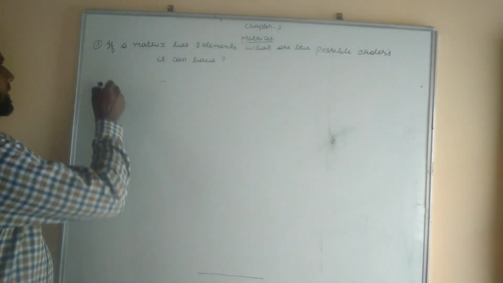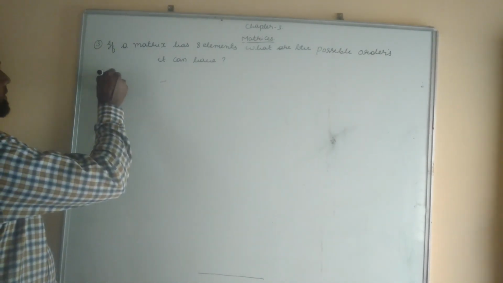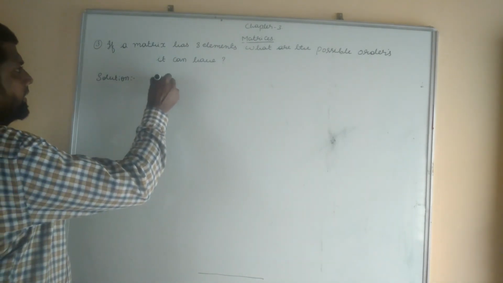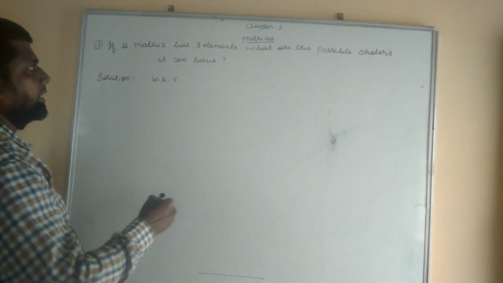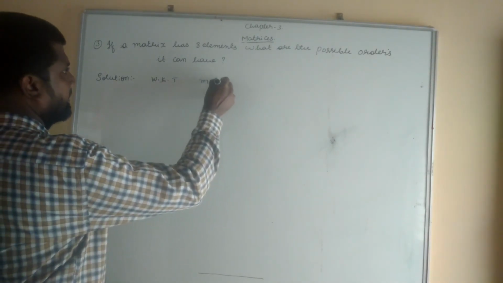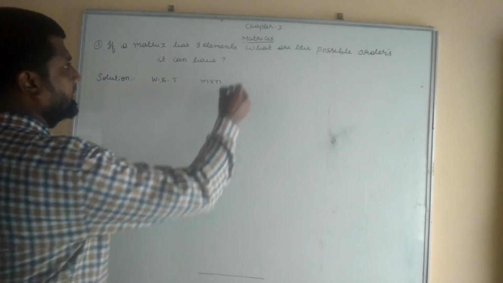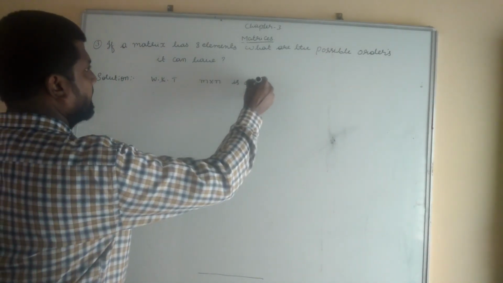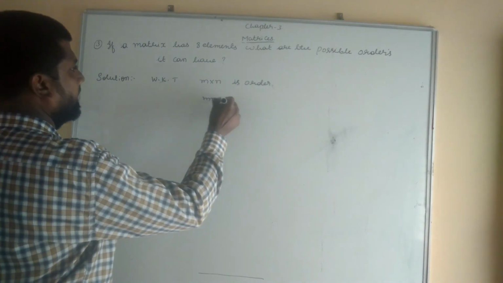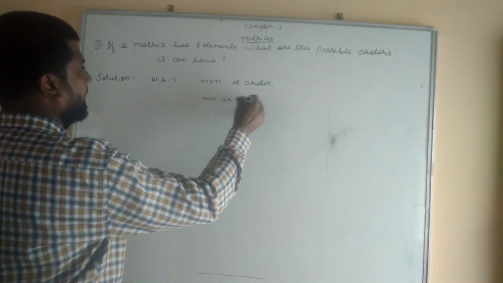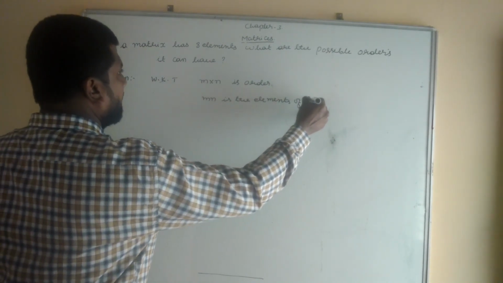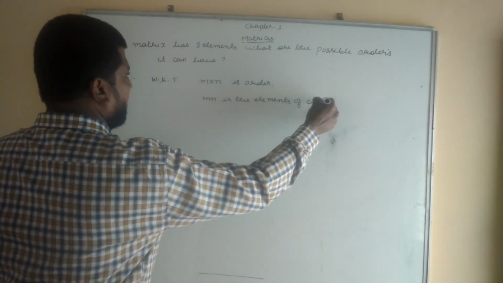We know that generally we write the order of the matrix as m cross n. M cross n is the order, and m into n is the number of elements of a matrix.